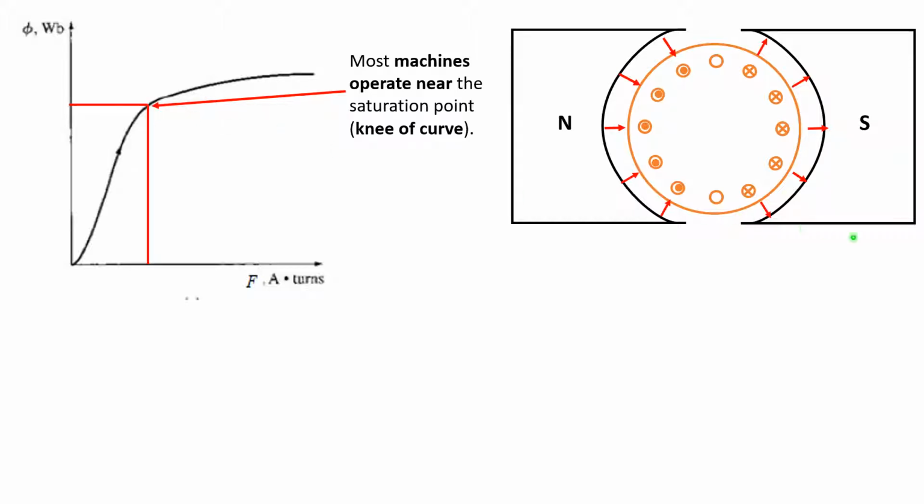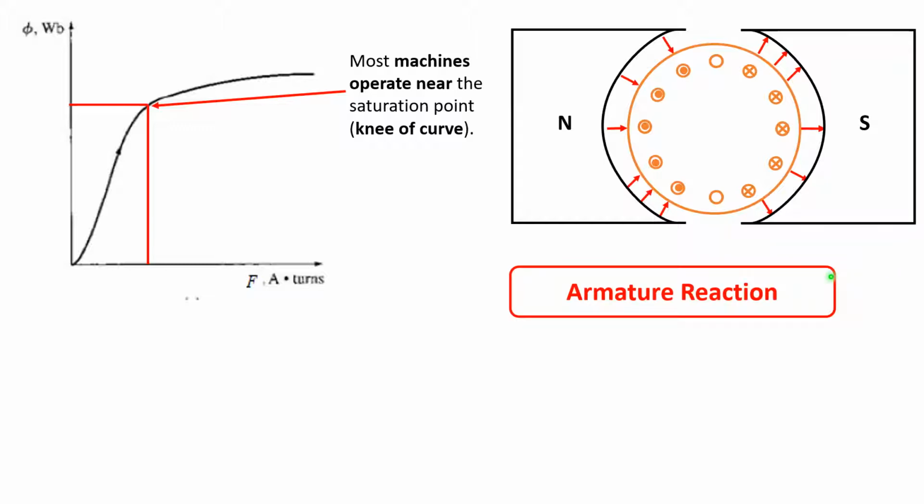Now what happens in armature reaction is there will be a distortion of this main magnetic field. And as you can see here, the distortion causes some areas to have more magnetic field while other areas have less magnetic field. So as mentioned previously, this is the effect of armature reaction, which is a distortion of the main magnetic field when there is a load connected and armature current is flowing.